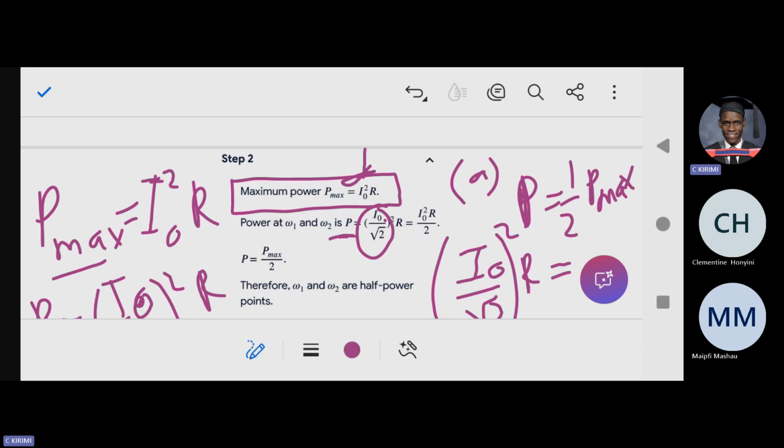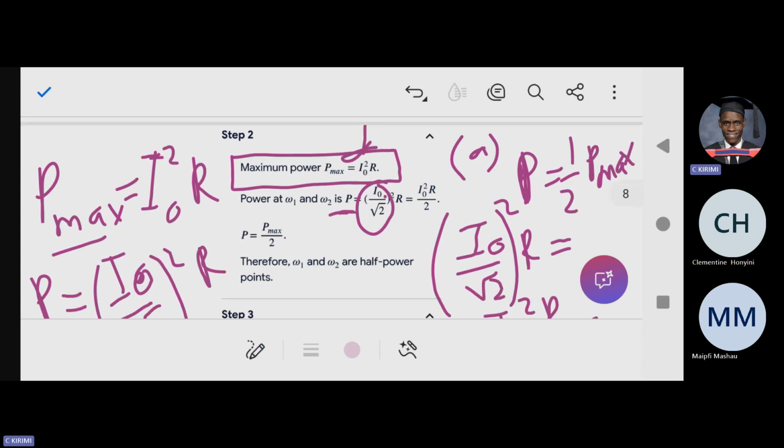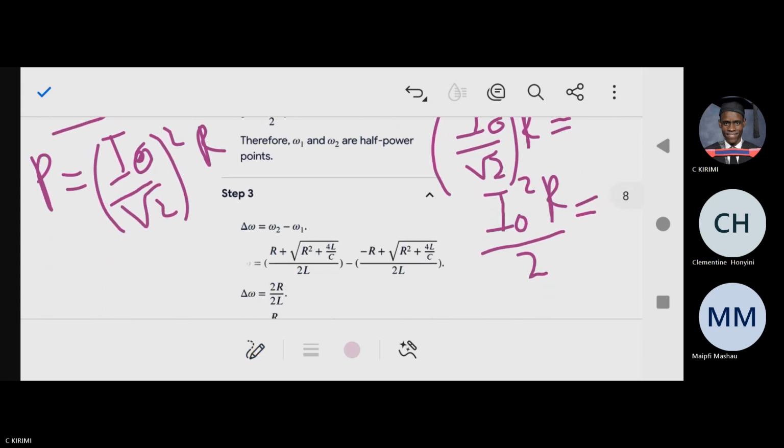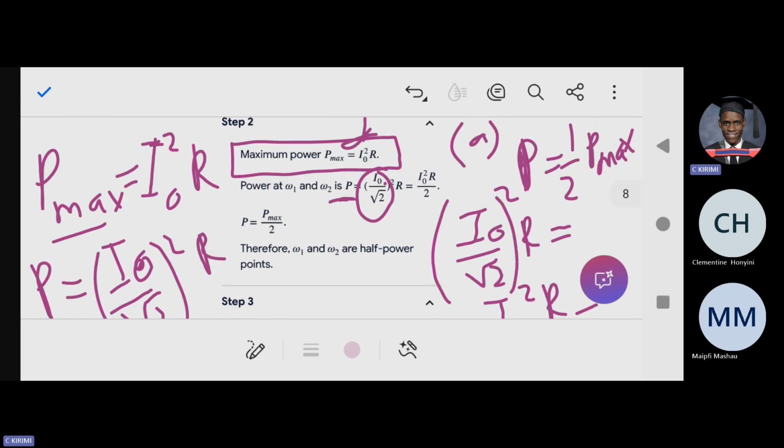Whenever you see I naught squared R, that's when you put P max. So from the definition of that half power point, we know that the half power point P is I naught over root of 2 squared multiplied by R. Then you equate it to P max.